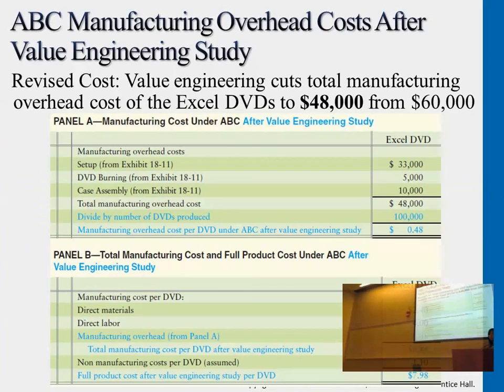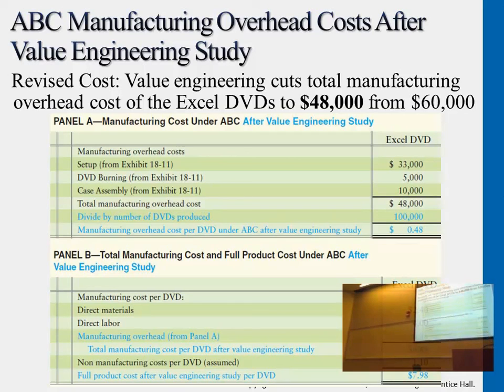So let's say after this, given the numbers, you have a reduced level of manufacturing overhead costs, and you're able to reach at the end $7.98. Okay, so is this lower than $8 or higher? It will be lower. Okay, so this is an example given in the book. If you go back to read the chapter, follow the numbers closely.